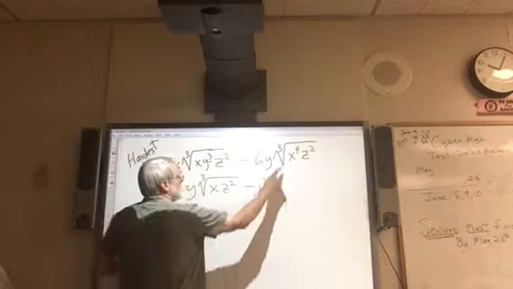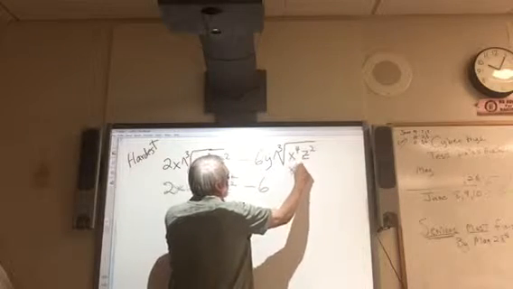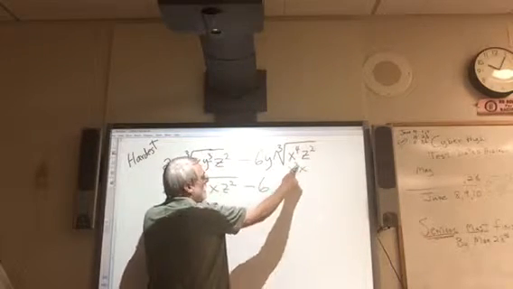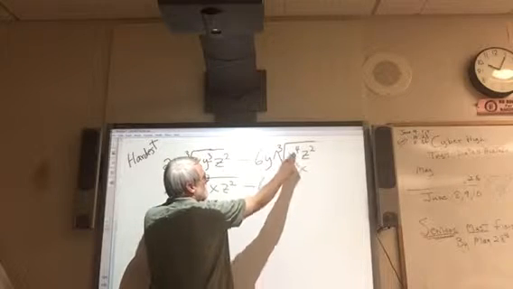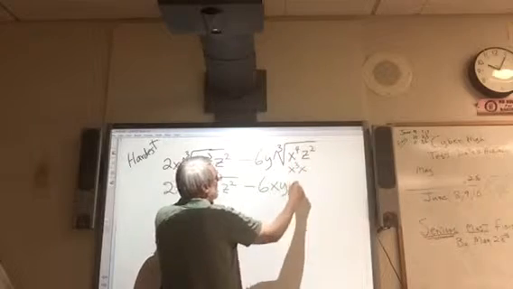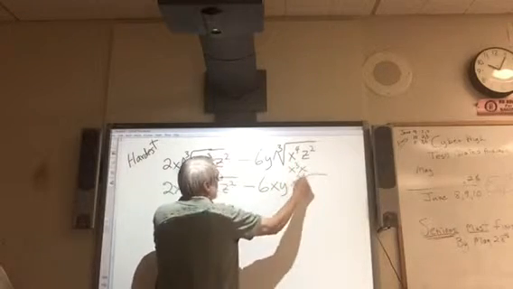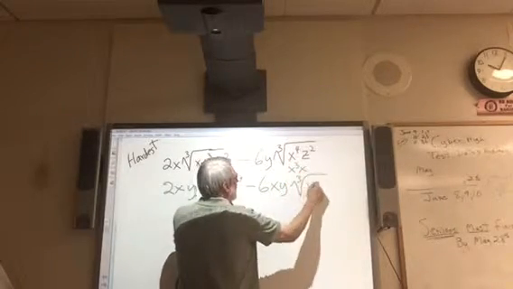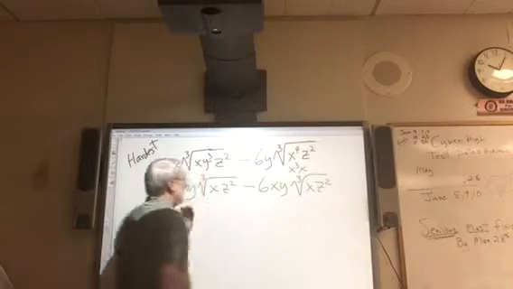Minus 6, here we can take out an x, because x cubed times x is x to the 4th, so we end up with an x and a y. What's left inside? The cube root of xz squared.